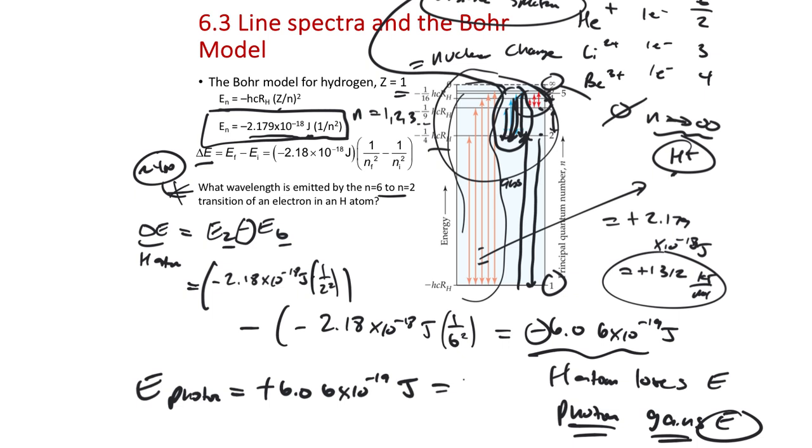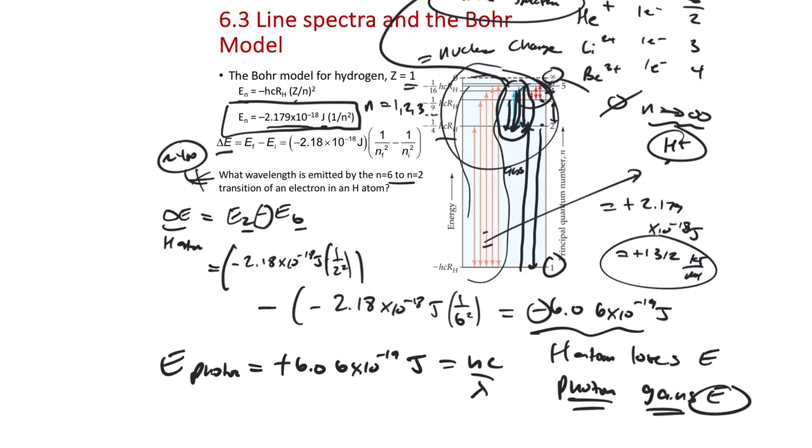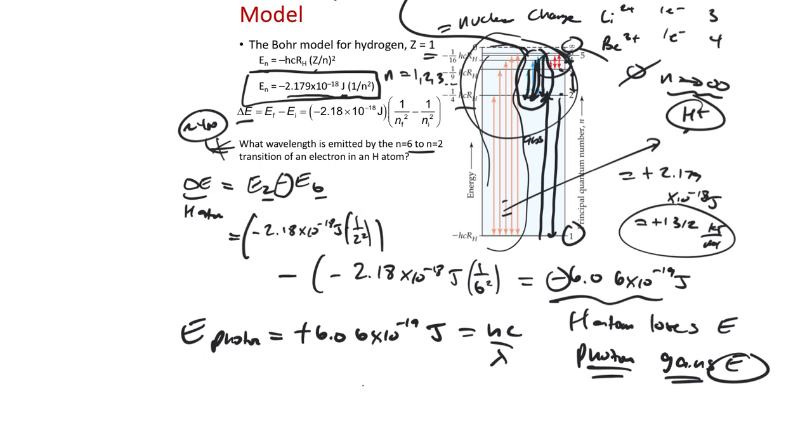And then that photon energy is equal to hc over lambda, just from E equals hc over lambda for photon energy. And so I should be able to solve for my lambda by taking hc divided by 6.06 times 10 to the minus 19 joules. I'm debating if I need to show h going in.